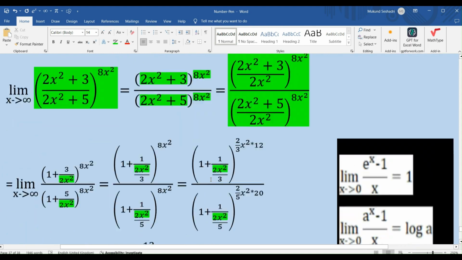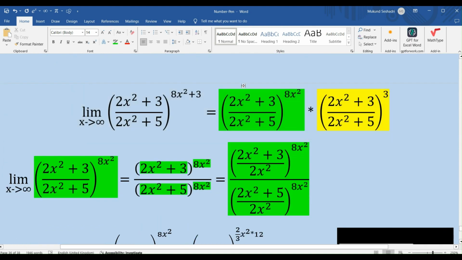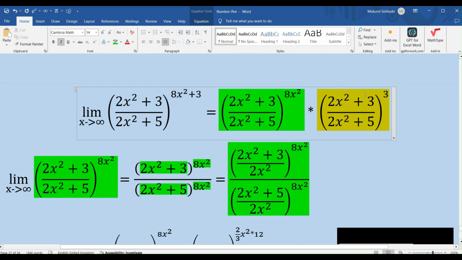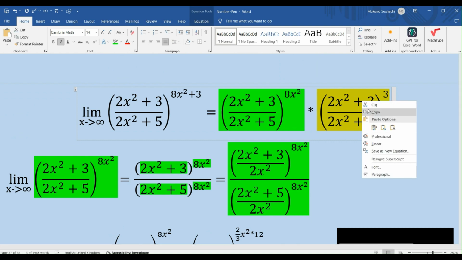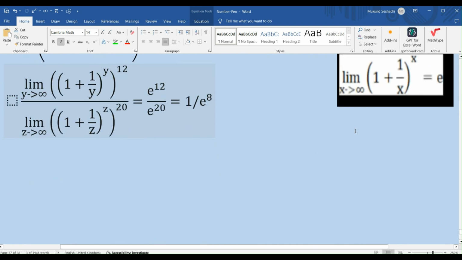Remember, folks, we've solved only the green expression. We still have the yellow expression with us, which is this part of the expression, which is nothing but 2x square plus 3 divided by 2x square plus 5, the whole cube. And let me copy this and rewrite it here.